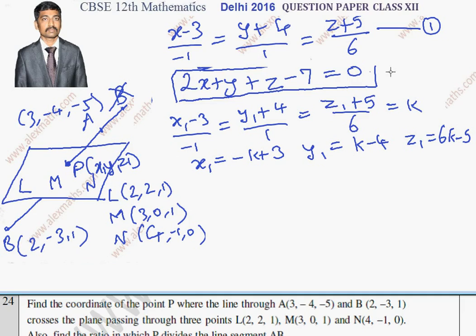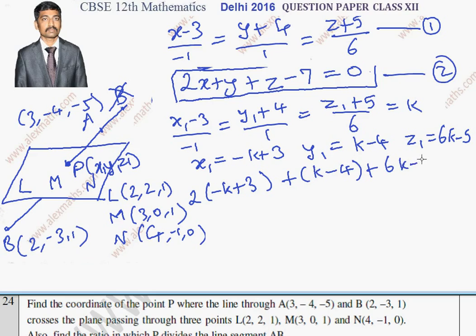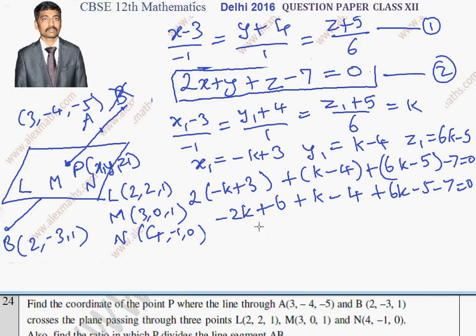Now equating separately, x1 will be minus k plus 3, y1 will be k minus 4, z1 will be 6k minus 5. Now these points x1, y1, z1 lie on the plane, so I'm going to substitute this in the plane equation. So 2 into (minus k plus 3) plus (k minus 4) plus (6k minus 5), that is z, then minus 7 is equal to 0. So minus 2k plus 6 plus k minus 4 plus 6k minus 5 minus 7 equal to 0.